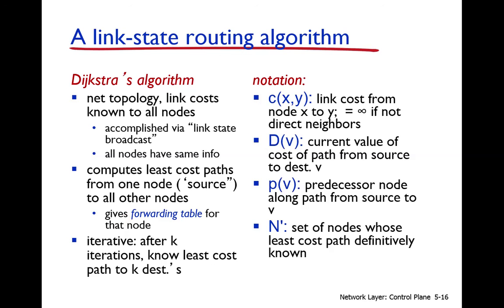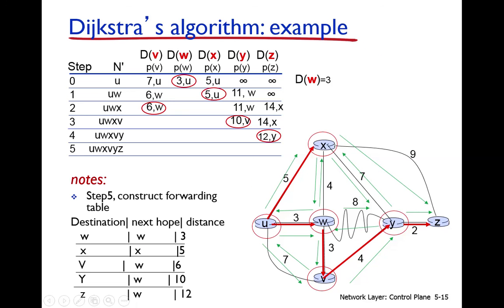So this is actually an iterative approach. For example, here, U is going to find the path to X, W, V, Y, Z, to how many nodes? 5. So if a node wants to find the path to 5 nodes, in each iteration the node computes the shortest path to one node.